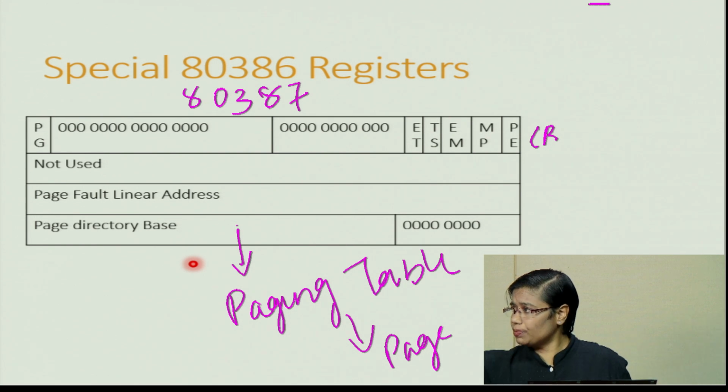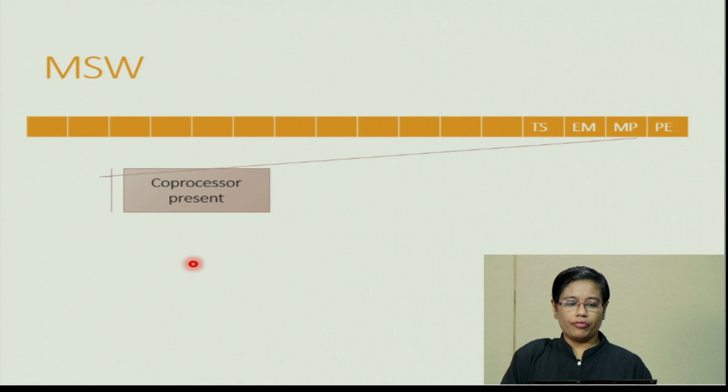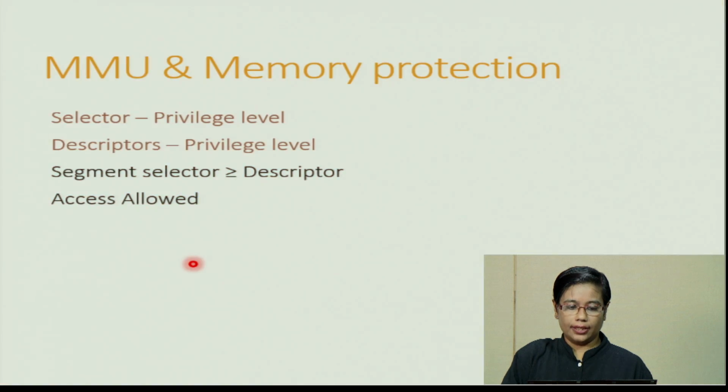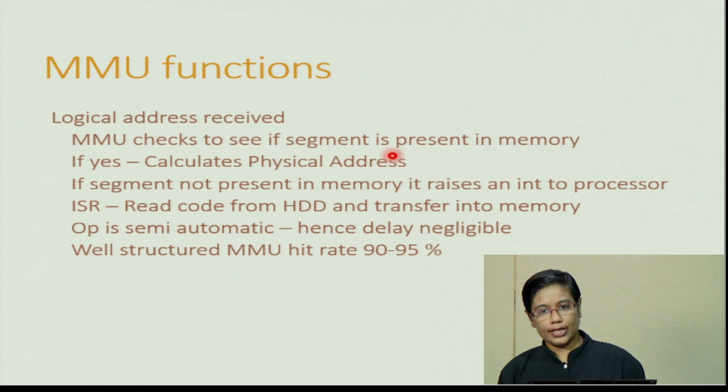Now what is important for us here is the implementation of virtual memory as we saw it earlier. We will look at memory protection in much more detail. What we are interested in is the memory management unit's virtual memory function, where for any address received, the memory management unit checks if the segment is present in memory. If yes, it calculates the physical address.